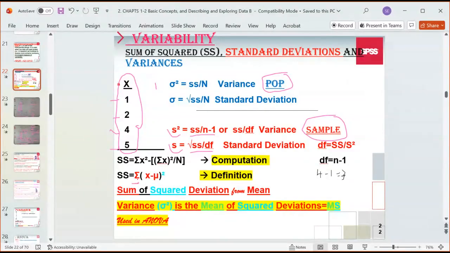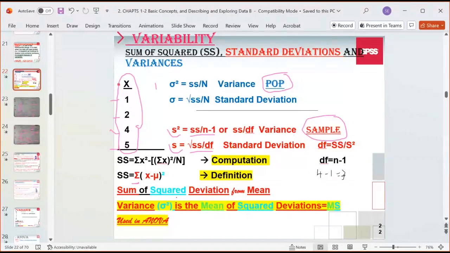On top of that, I have the symbol for sum in statistics, sigma. Squared means you multiply it by itself, so it means 2, multiplied twice by itself. And deviation, in red, x minus mu, means distance from the mean. So you don't have to write from the mean, because we know what deviation is. Deviation is distance from the mean.